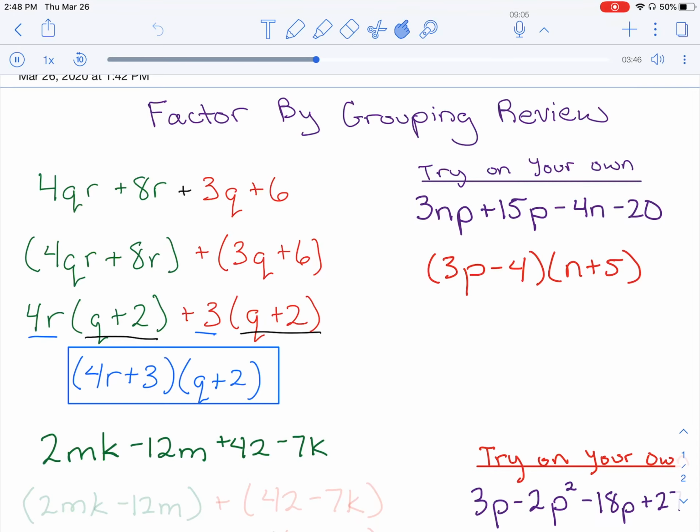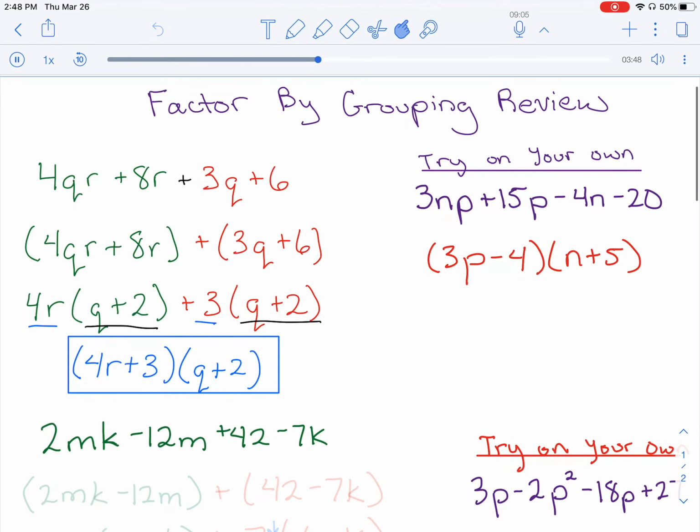Okay, so now after working the problem out, hopefully, you ended up with the results 3p minus 4 times the sum of n plus 5. If so, good job. If not, just quickly go through, make sure that you pulled out the right common factors. It could be something as small as that that needs to be corrected.